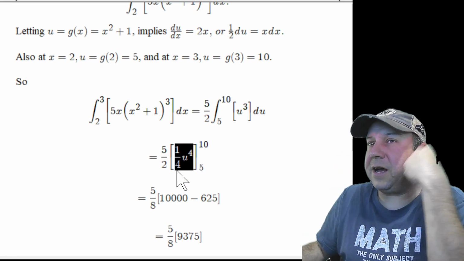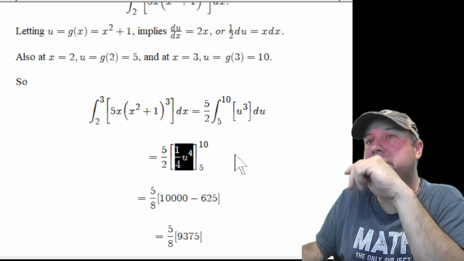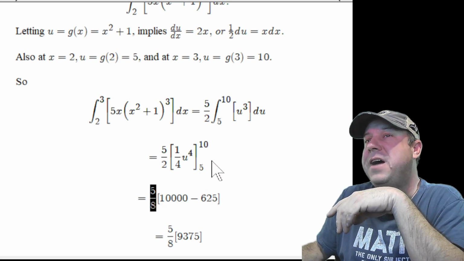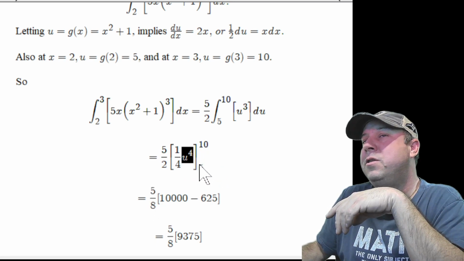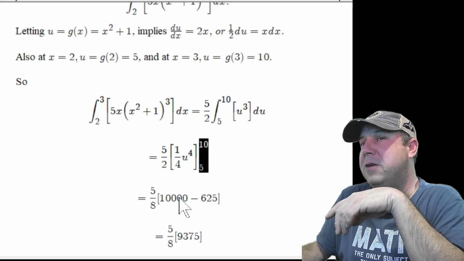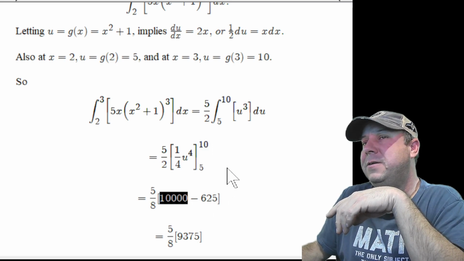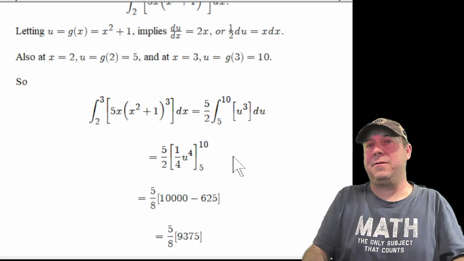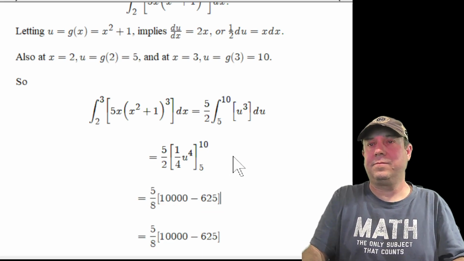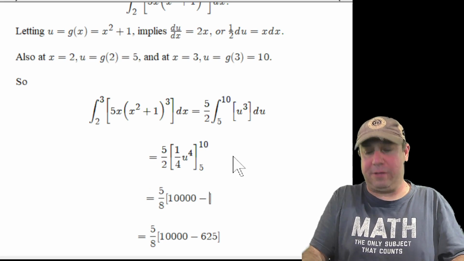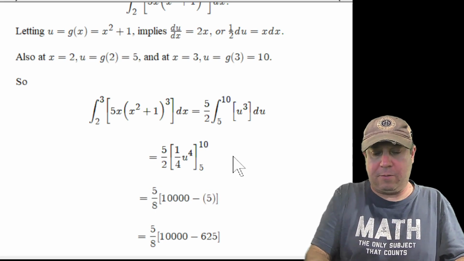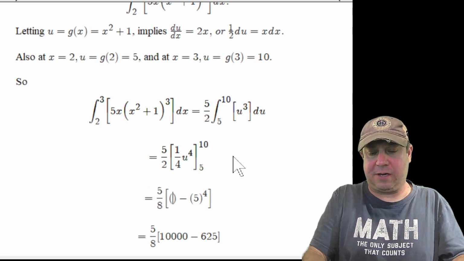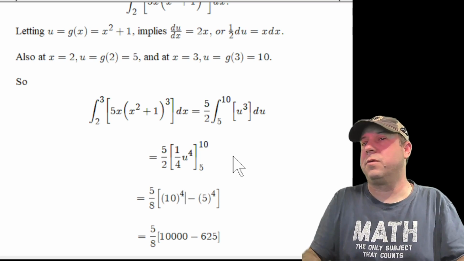U cubed's antiderivative is 1/4 u to the 4th. I can factor out the 1/4 with the 5/2 to make 5/8, and I'm evaluating then u to the 4th across these boundaries from 5 to 10. Let me actually maybe show that step in there. Like this here, this 625 is going to come from 5 raised to the 4th power, and this 10,000 is going to come from 10 raised to the 4th power.